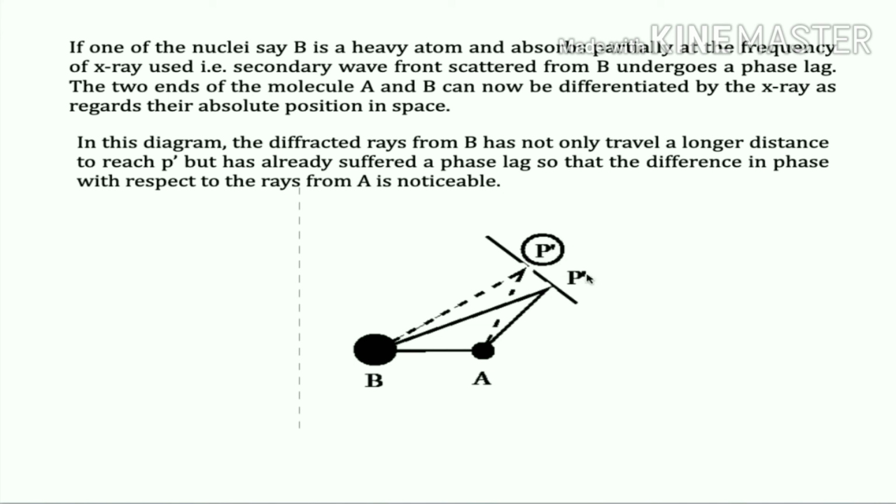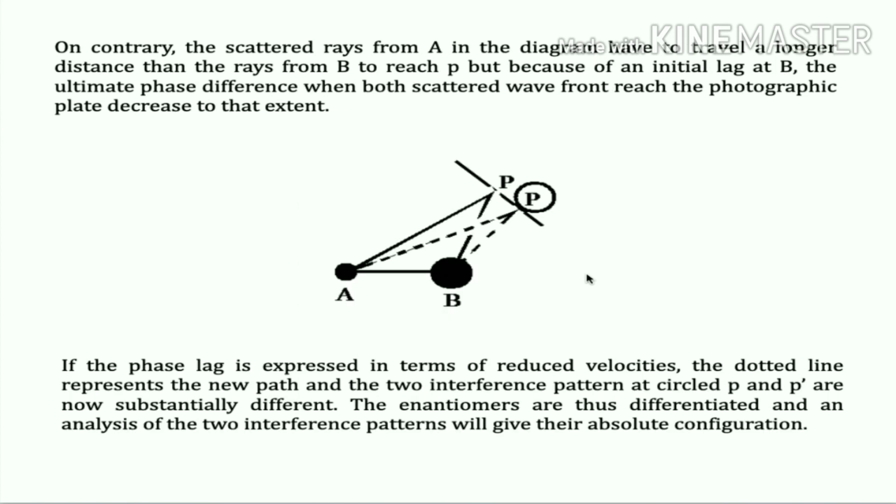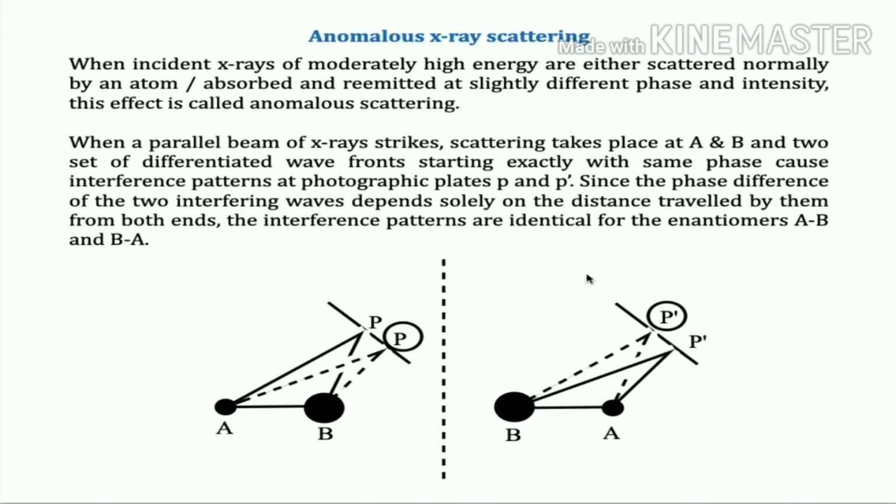So based on the difference in the interference patterns, we are going to assign the absolute configuration. Anomalous X-ray scattering is on the basis of difference in the interference pattern. Here we are going to use the interference patterns as a key for identification of enantiomers.